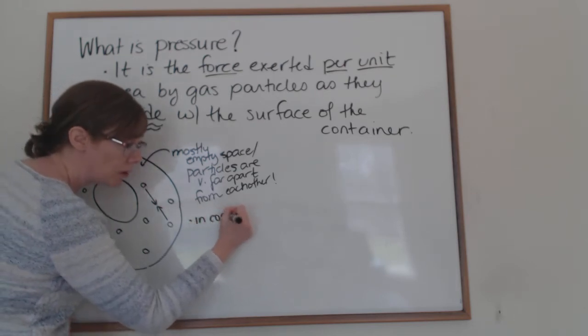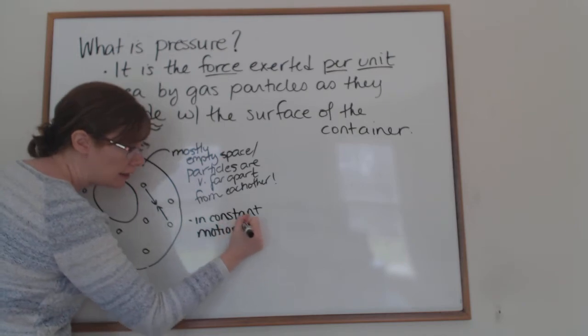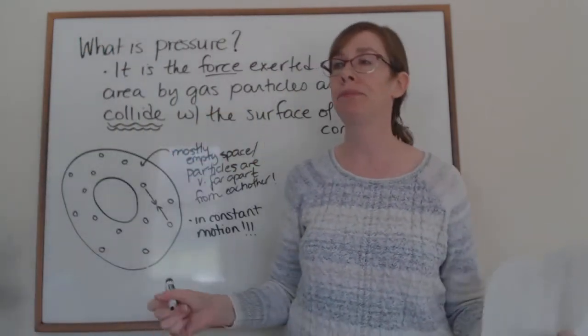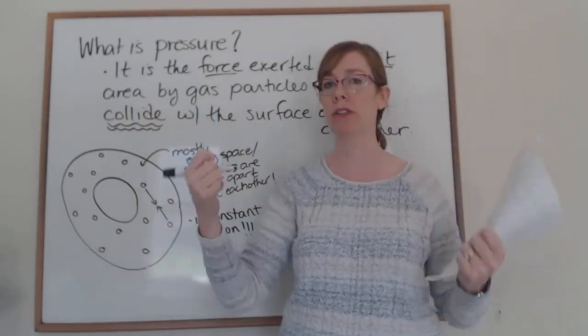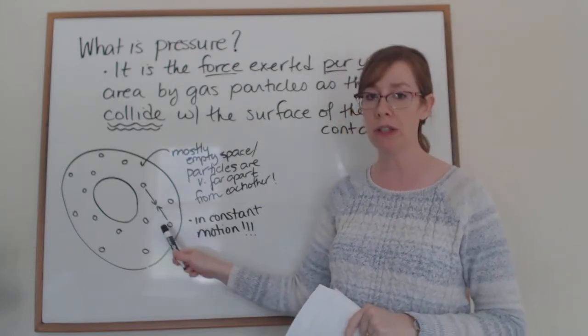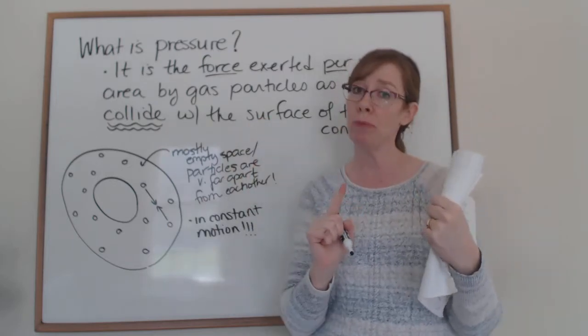Let me write that on the board. Constantly moving. Just picture ping pong balls just flying all over the place in all different trajectories. So in this drawing here, I've drawn these two just hitting each other, and that will happen. And they'll hit each other, but that doesn't create pressure.